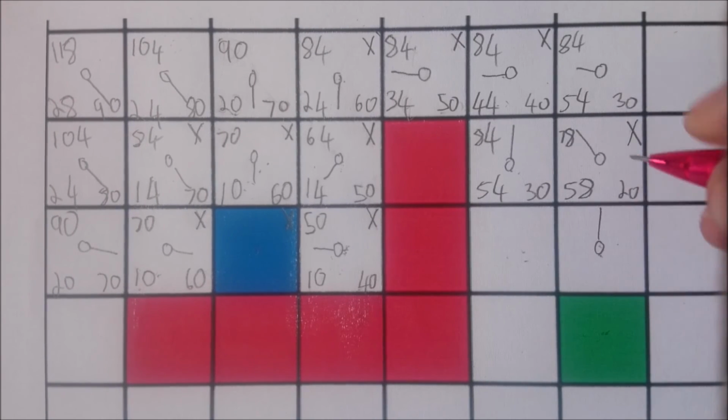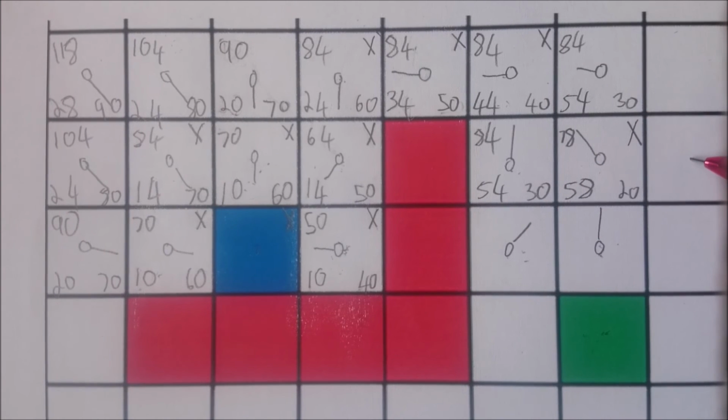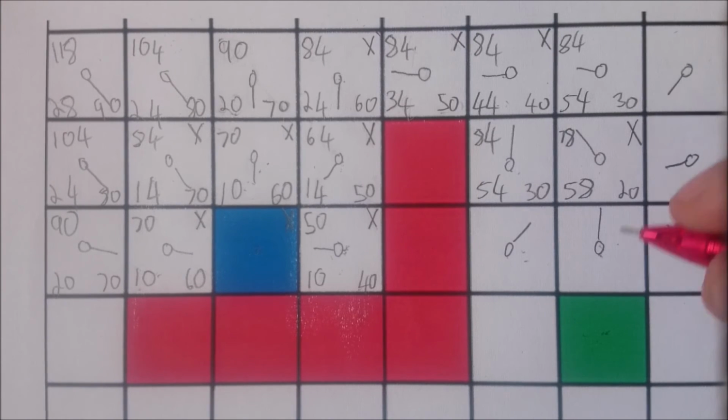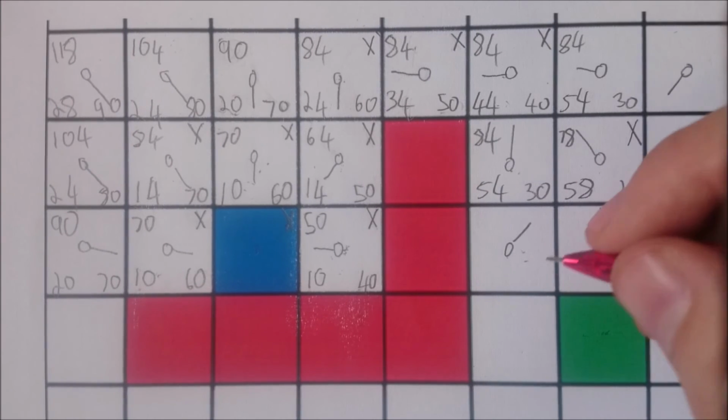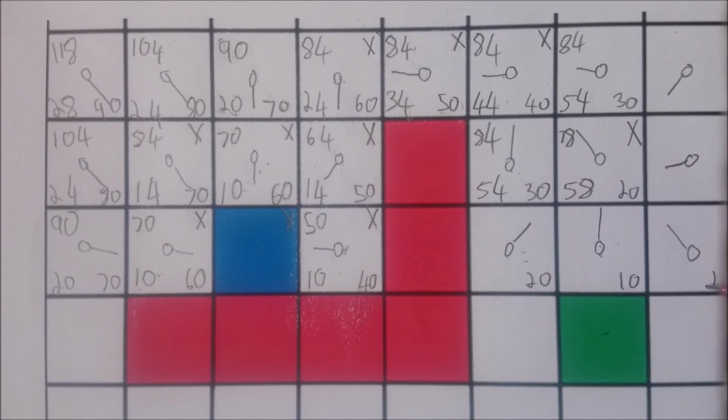Specify their parents. Calculate the F, G and H scores. This one is 10, 20 for these two. This one over here will be 30, and this one will be 40.